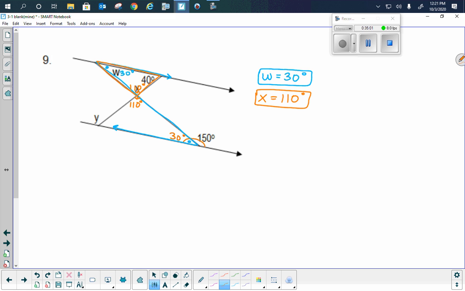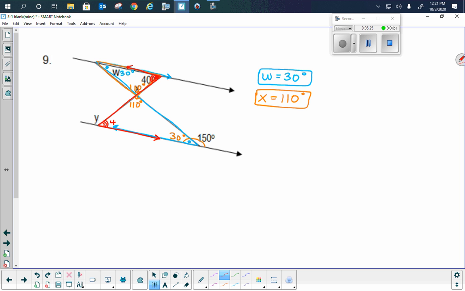Now you have a couple of options. I either see a Z here that includes the 40 and this angle adjacent to, which means next to, Y. So if this 40 up here equals this part down here, we'll just use 3 marks.